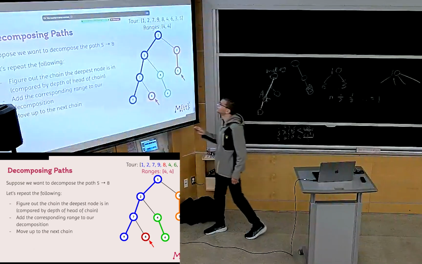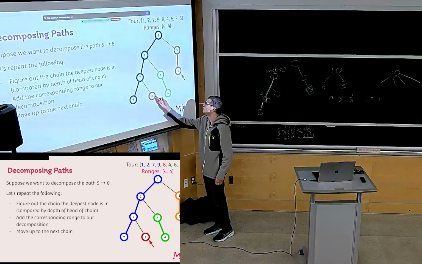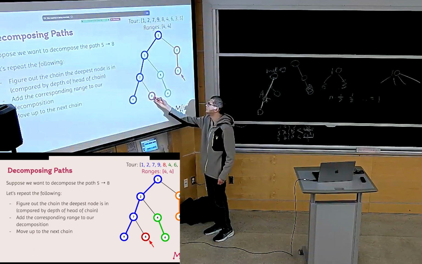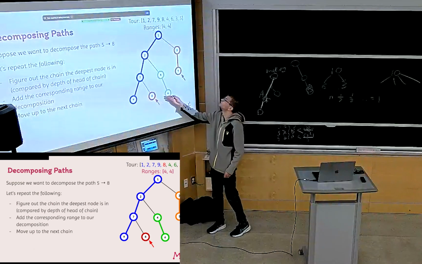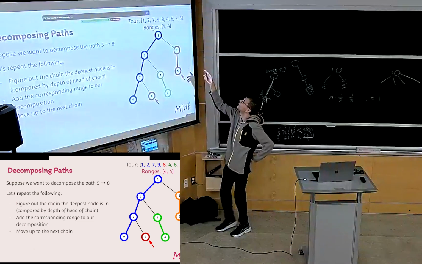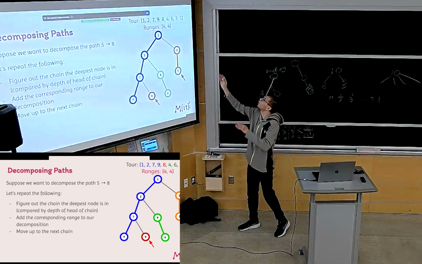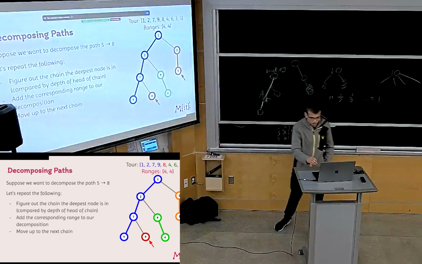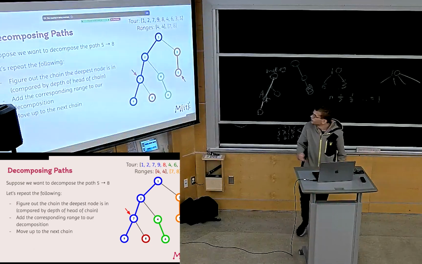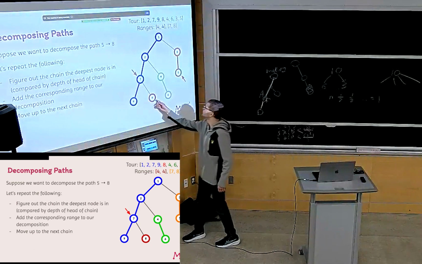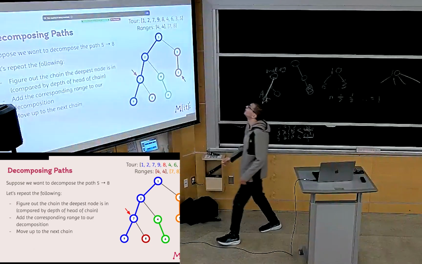We see that this only has one node, so obviously we just add the range corresponding to that to our answer. And the range is the index in the Euler-Tour tree. And then we move the node pointer up one.